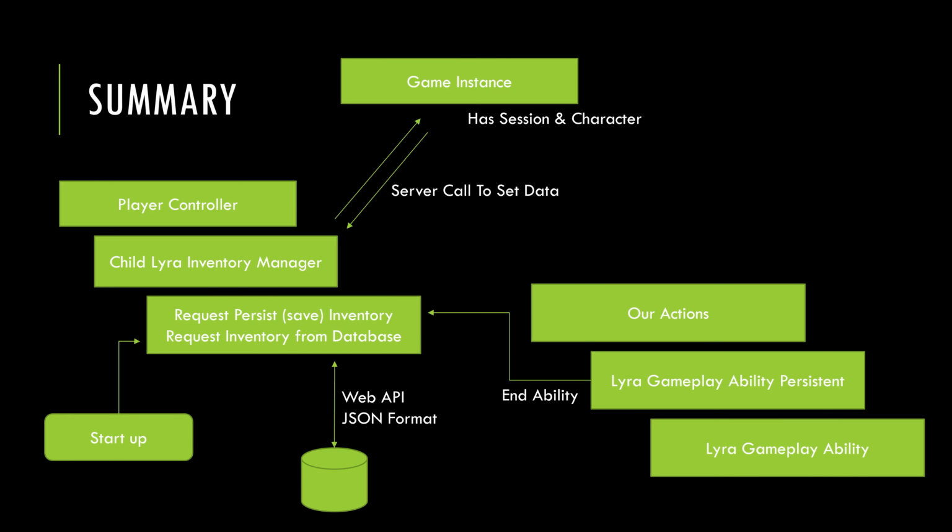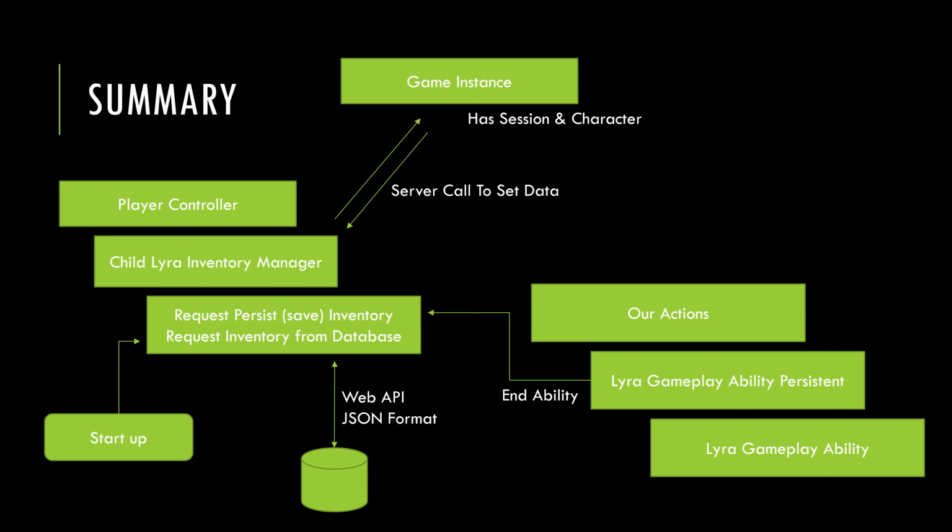So in conclusion, one last summary of this chapter. We have the player controller that is added a child version of the Lyra inventory manager. In order to accomplish that, we had to move the standard Lyra inventory manager from the game feature data asset into the game experiences for the standard elimination and control point examples, which allowed us to add the child version in our own game experience.